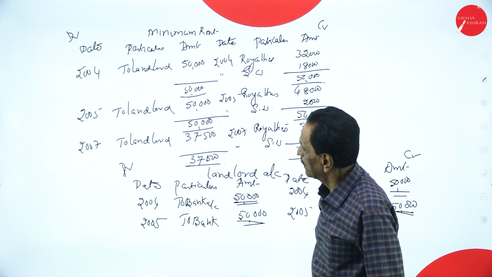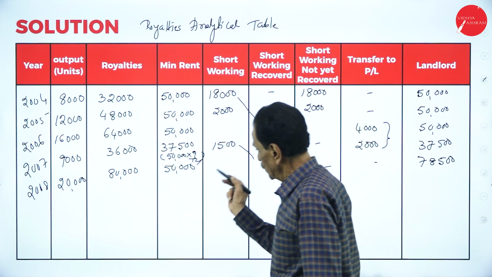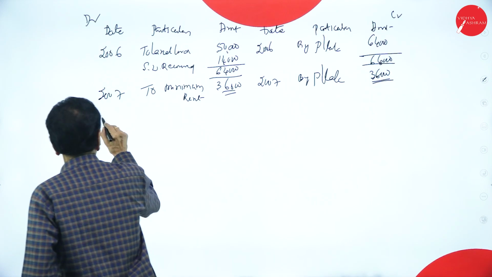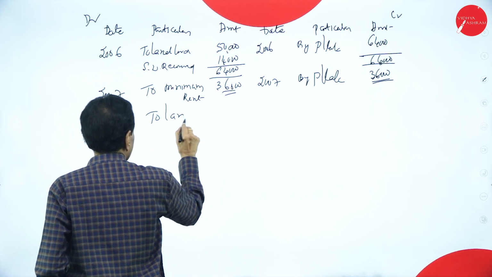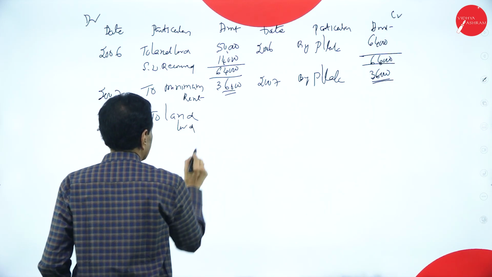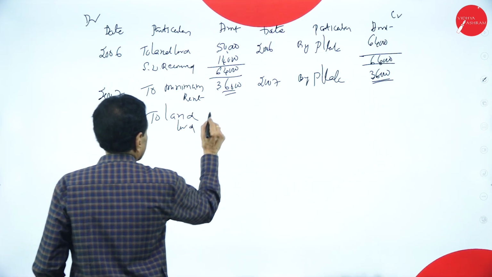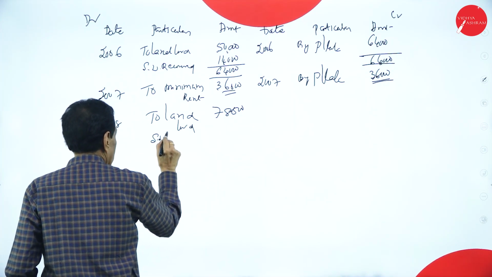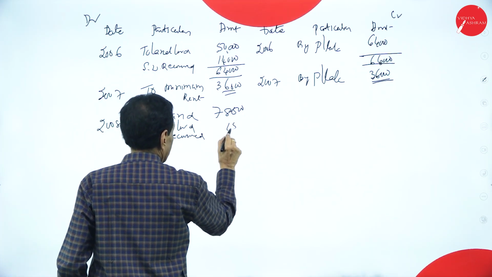Then 2008, royalties account debit to landlord, to short working recovered. 2008 to landlord. How much are you paying the landlord? 78,500. To short working recovered 1,500.